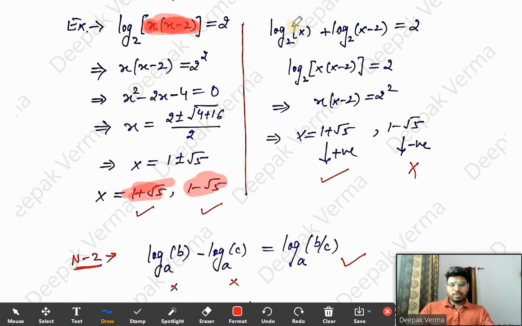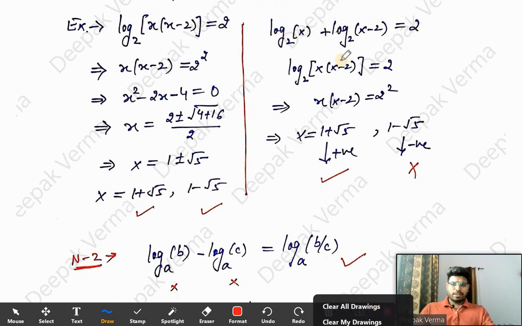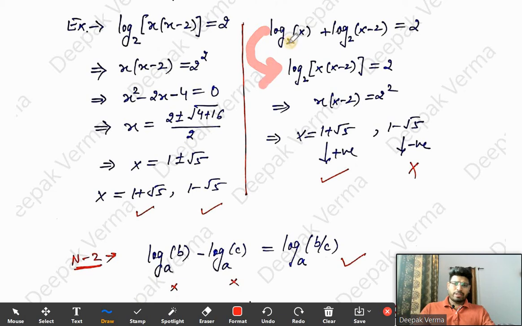But if we have something like log x plus log x minus 2 equals 2, then if we apply the property, we will first write log x into x minus 2, then again the same procedure, we will get the same values, 1 plus root 5 and 1 minus root 5. Now this time the negative value will be rejected.